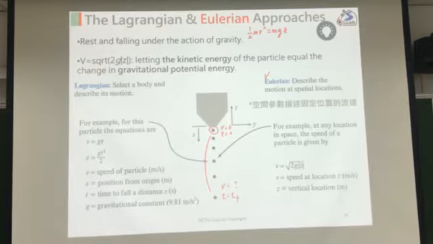So we can exactly know what v is. You just cancel out the mass and move the 2 to the right-hand side, so v squared is 2gz. Because here it is squared, you take the root, so you have the square root of 2gz.